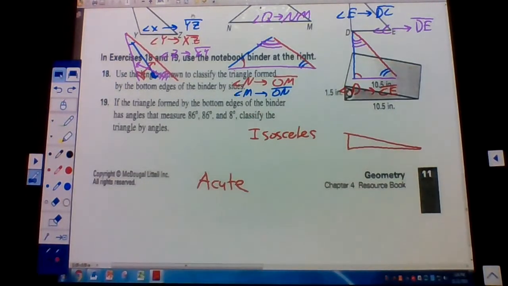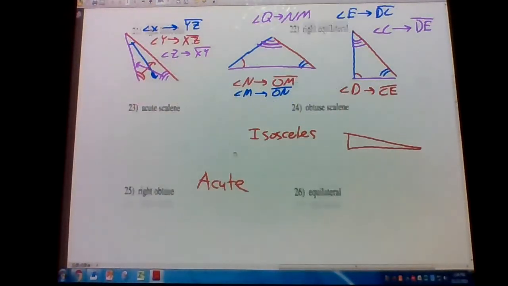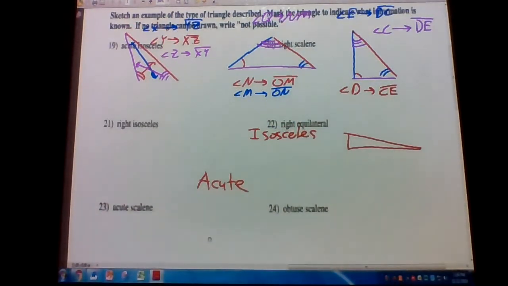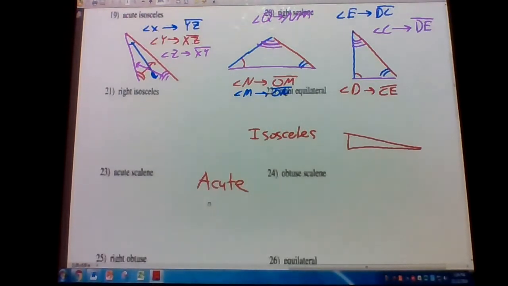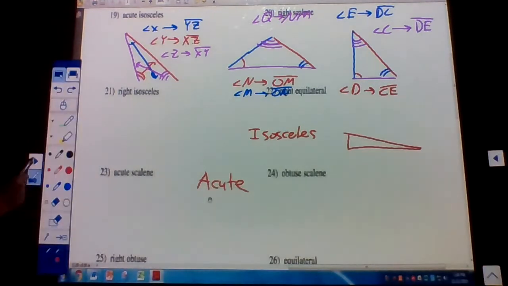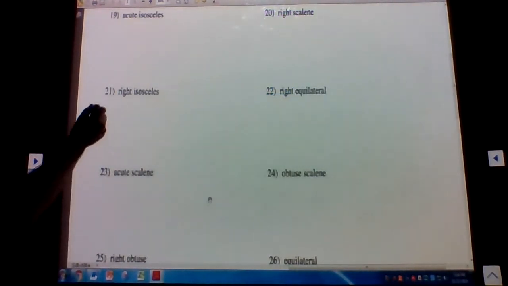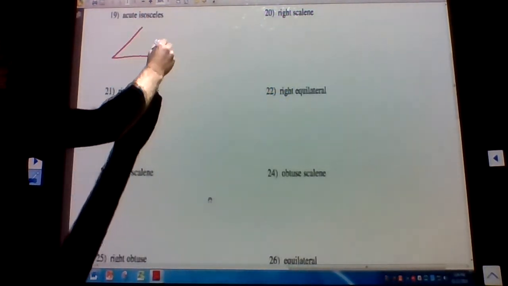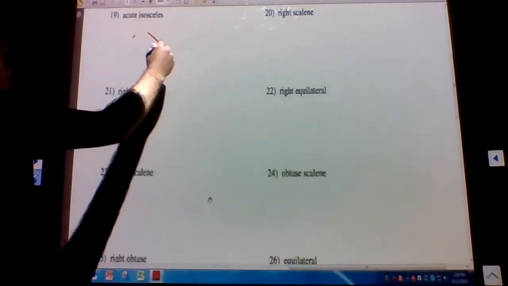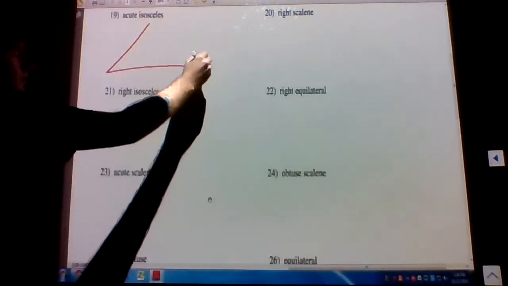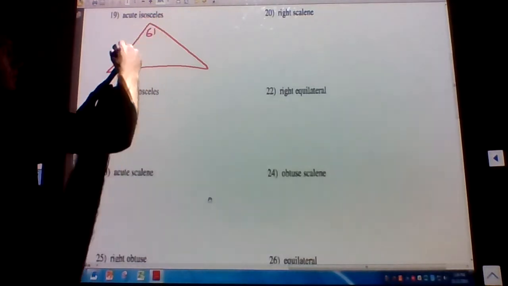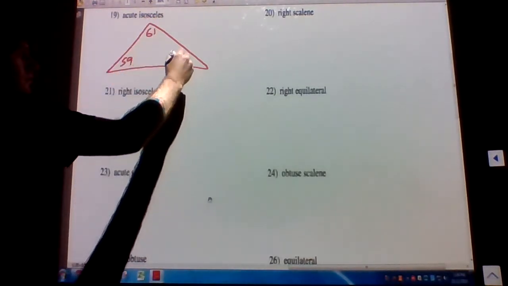Let's go to the next slide. It wants us to draw them out. So acute isosceles here. If it's acute, our angles are less than 90. So how about 61, 59, and 60?